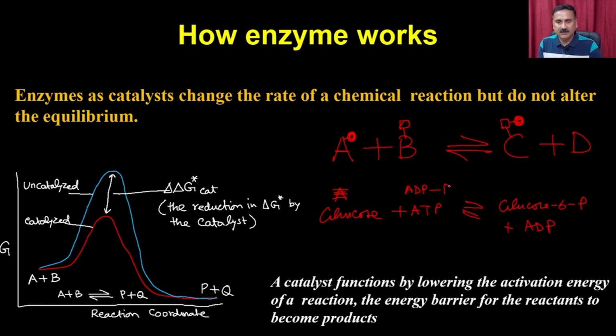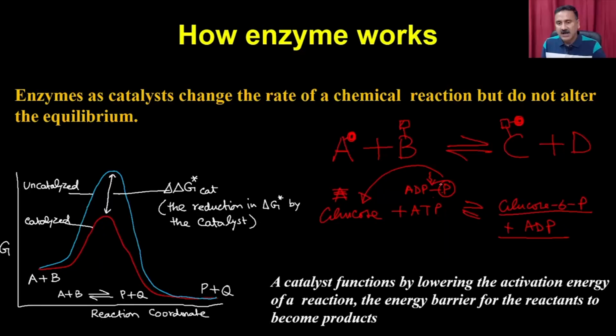In this reaction, the bond between the ADP and the phosphate is broken, and then the phosphate is transferred onto the glucose, and that's how you get the synthesis of glucose 6-phosphate, and the remaining molecule is ADP.